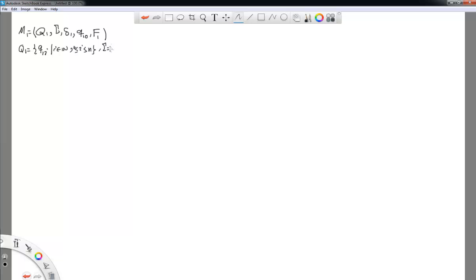Sigma is my alphabet. Q sub 1 0 is my start state, the start of M sub 1, and F sub 1 is the set of accept states of M sub 1, so it's going to be Q sub 1 j, such that Q sub 1 j accepts strings w from A sub 1.